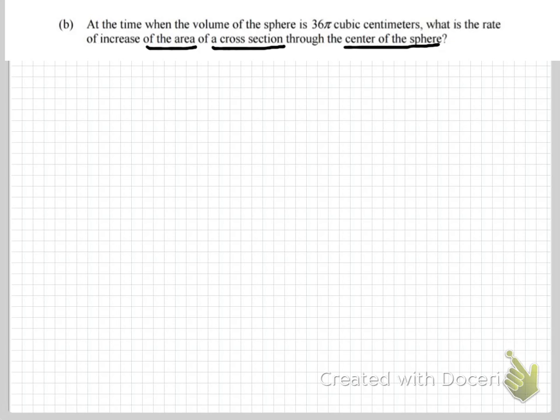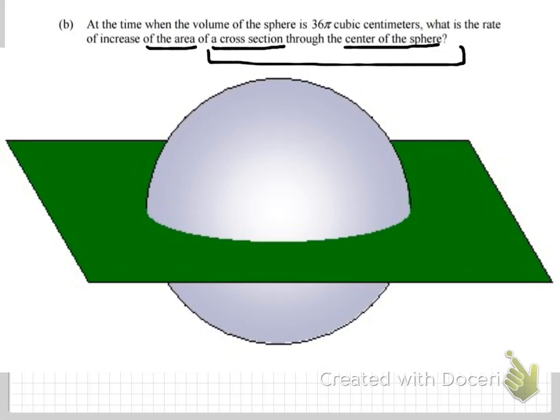So let me show you a picture of what it means to do a cross section through the center of a sphere. So let me see if I can bring that up right now. So this is what it looks like to take a cross section through the center of a sphere.